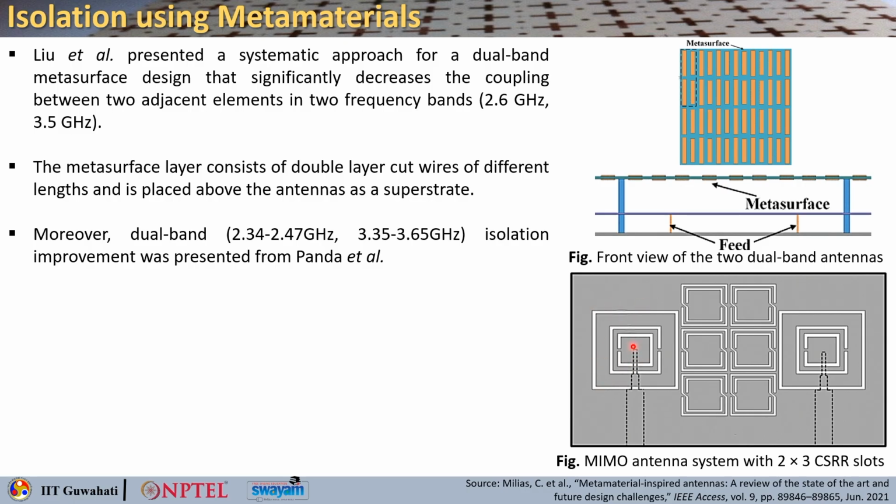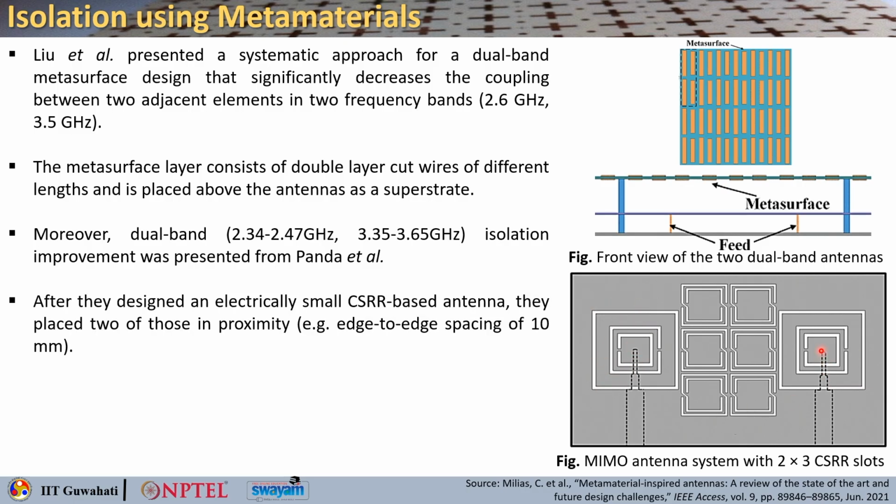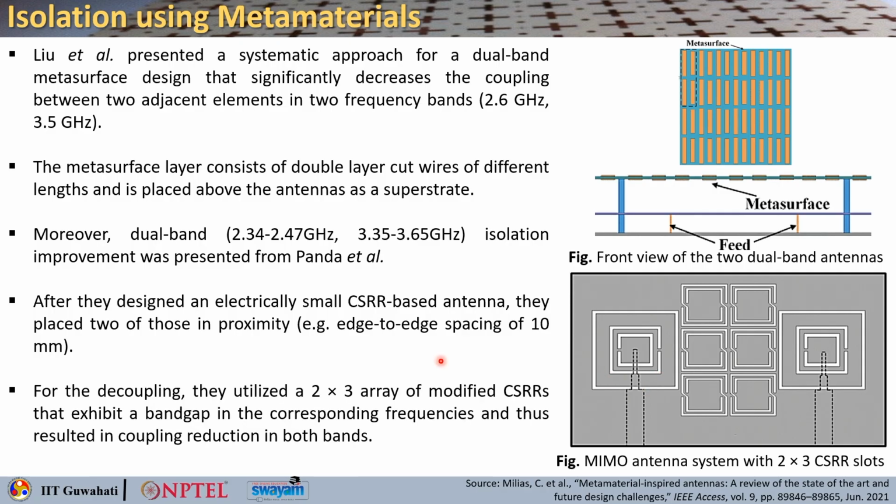So, here these are the antennas, and in between they designed electrically small CSRR based structures, okay, and they placed them very closely. So, you can see 2 by 3 CSRR slots placed between the two antennas, and the edge to edge spacing between the antennas was only 10 mm, okay.